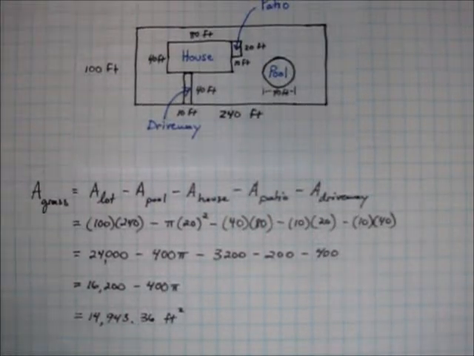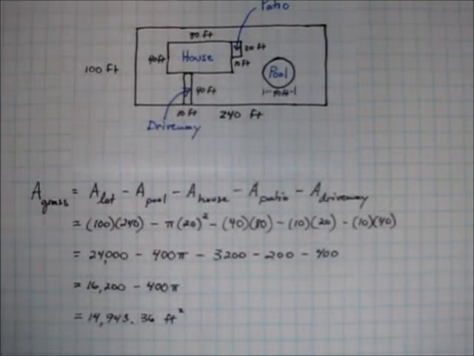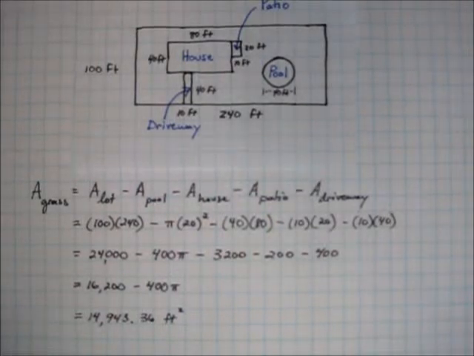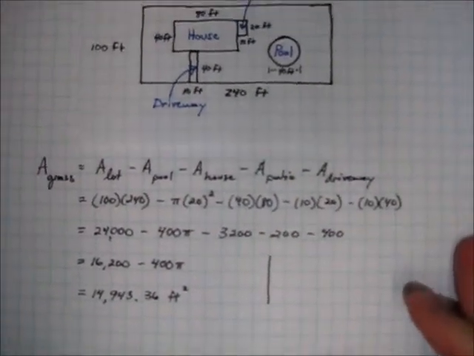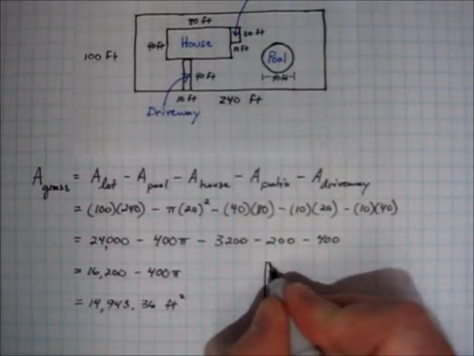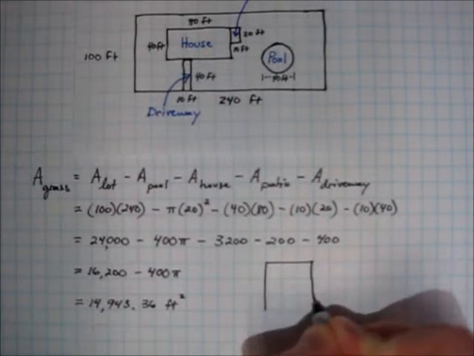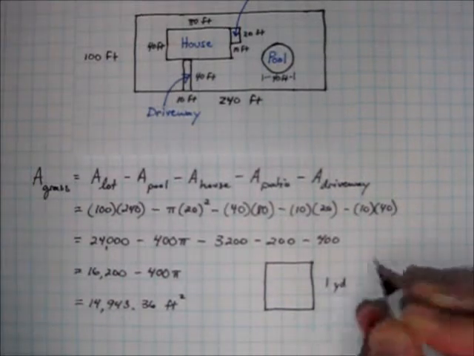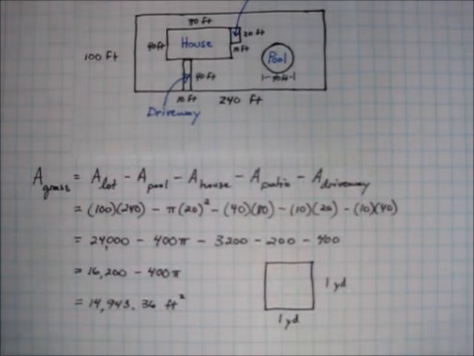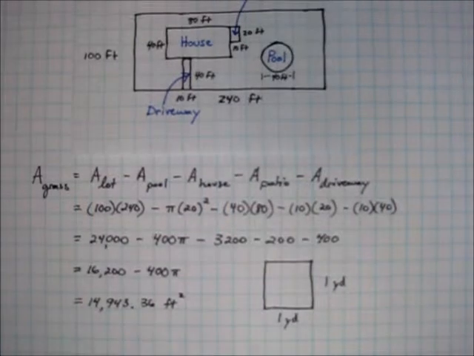So I need to change square feet to square yards, which boils down to the question of how many square feet are there in a square yard. Well, a square yard would be a square that was exactly 1 yard by 1 yard on all sides.